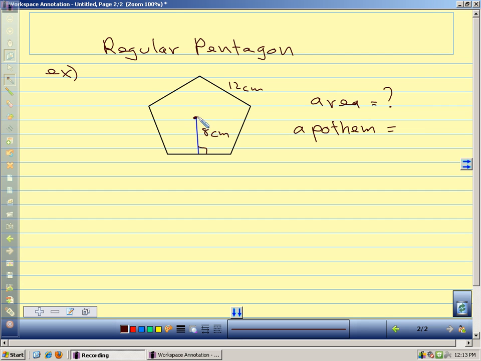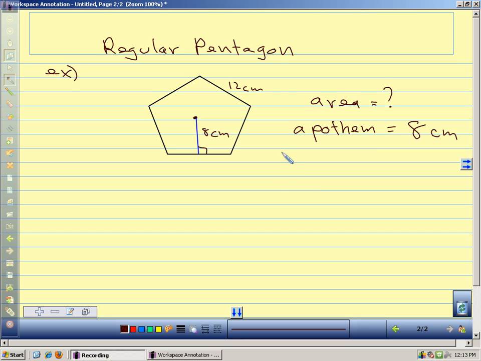The apothem is the distance from the center to the side. So you're thinking, you were plugging it into the formula already when you said 4. So we're just looking at the length of the apothem. So our apothem is 8 centimeters. It goes from the center to the side at a 90-degree angle.